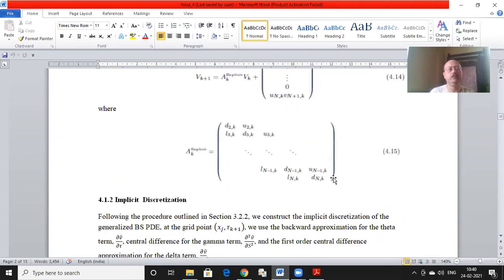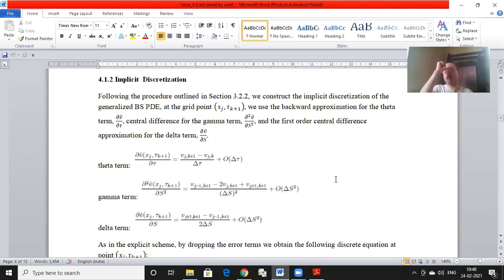So obviously we know there are other techniques with different stability and different rate of convergence. So we will discuss implicit and Crank-Nicolson also. So let's begin today with Crank-Nicolson.